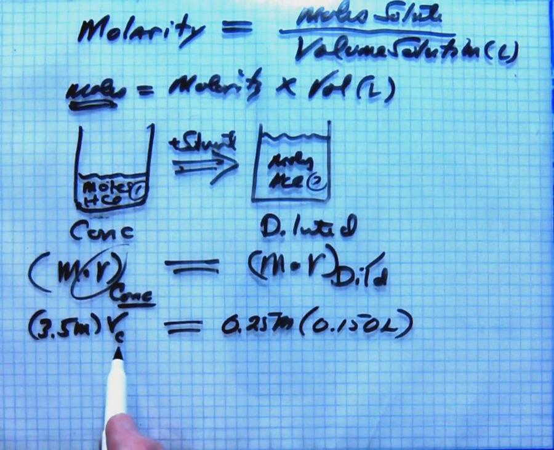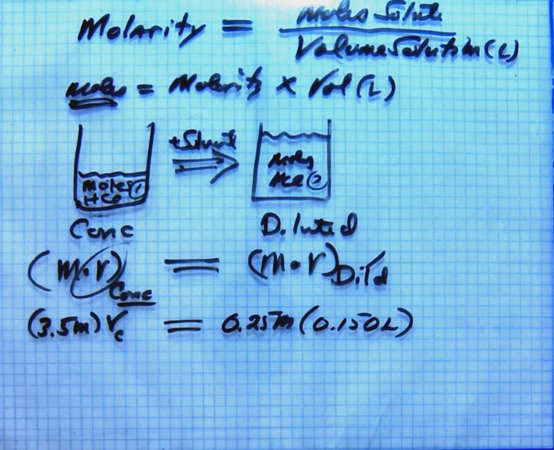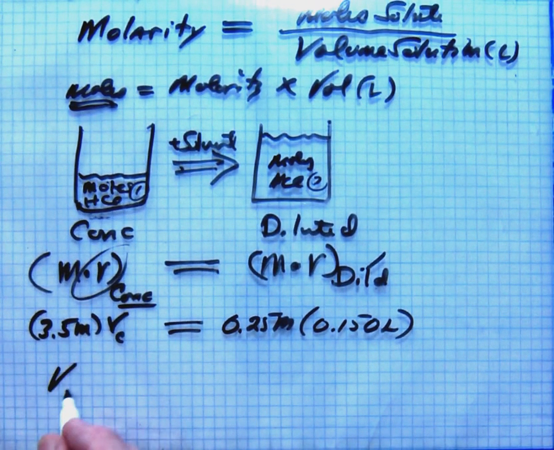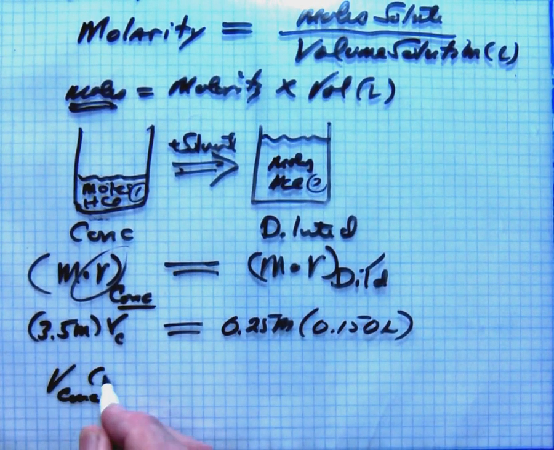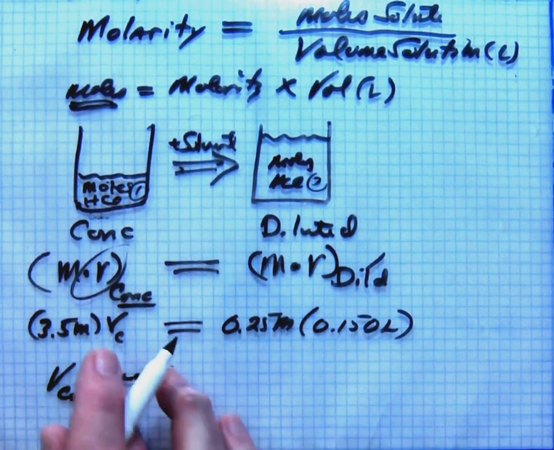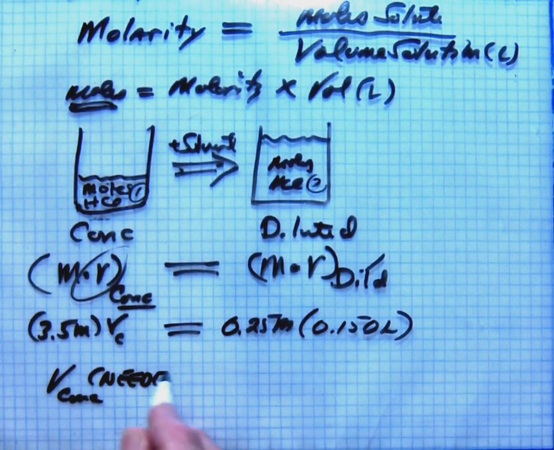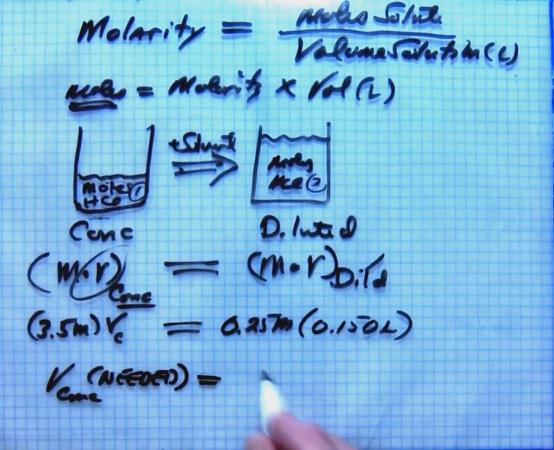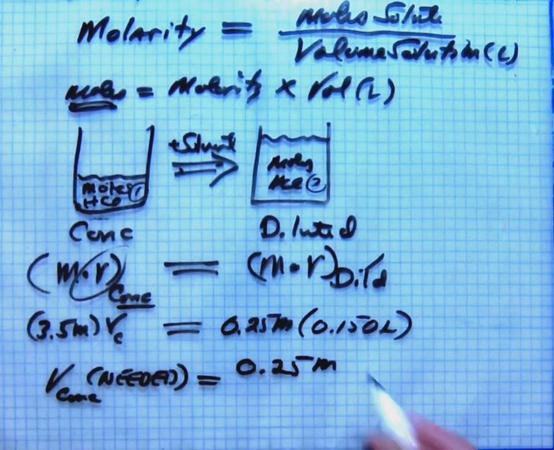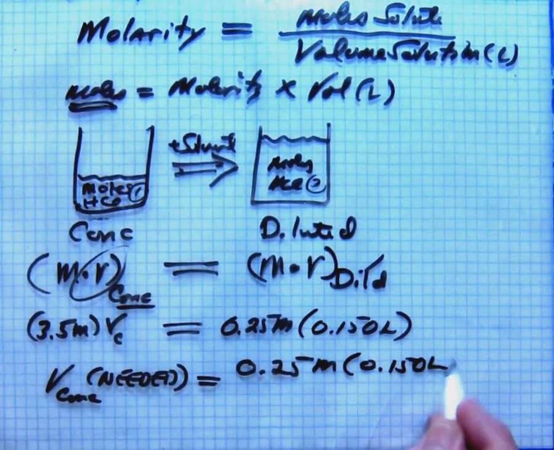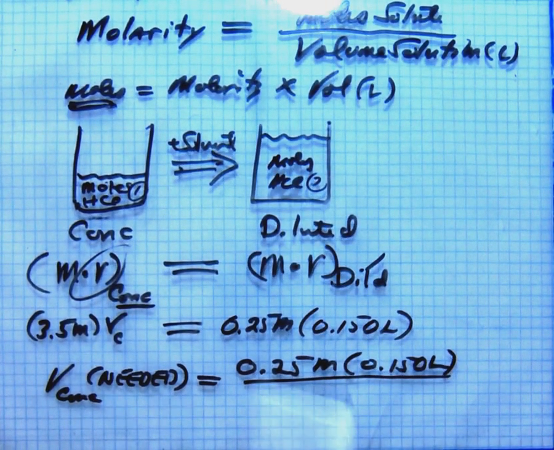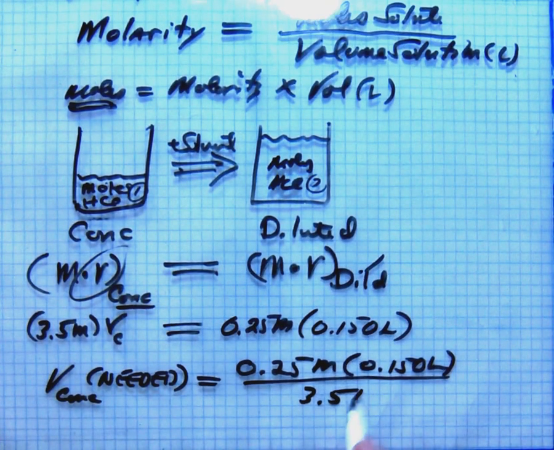So the amount of concentrate I will extract, put in the mixing vat, and dilute up to 150 mils is calculated now. The volume of concentrate needed is equal to 0.25 molar times 0.150 liters divided by 3.5 molar.